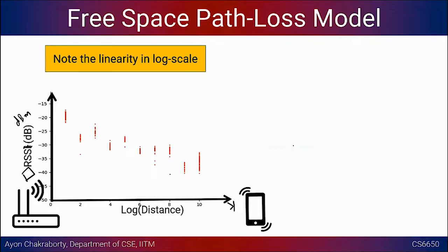So this is sort of linear. You can imagine there is a straight line which could potentially be drawn through these data points, and that is the reason we take a logarithm here.